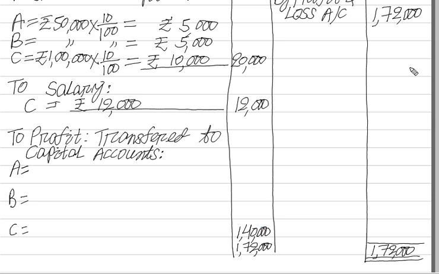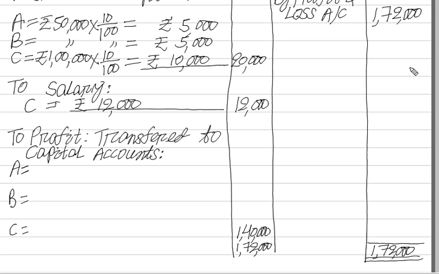After subtracting these two, you have to distribute this 1,40,000 among A, B, C in the following manner. The first 20,000 in proportion to their capital. Their capital is 50,000, 50,000, 1 lakh, that is in the ratio of 1:1:2. So take 20,000 first.